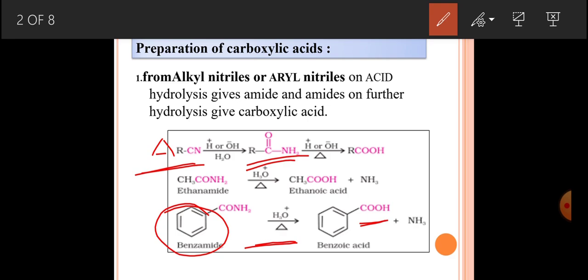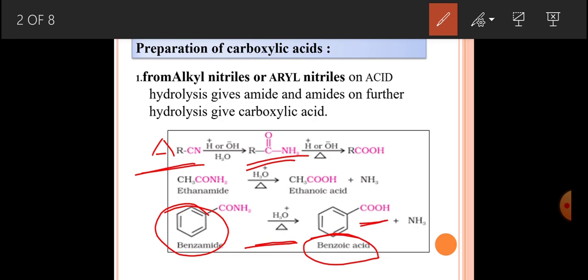Acid, C double bond O OH with the benzene. What is the nomenclature? Benzene with the acid, so benzene 'e' is replaced by 'oic acid'. Benzenoic acid is going to form here along with the byproduct NH3. It is a simple reaction. Remember the general reaction, then you can write down any example.